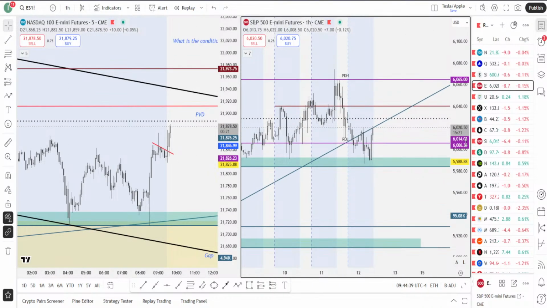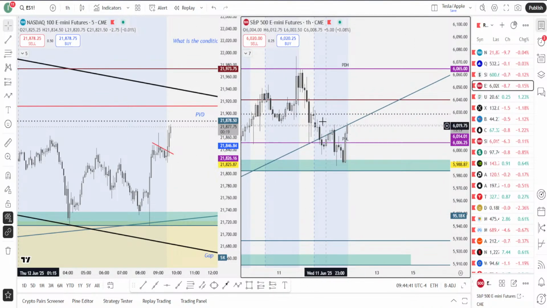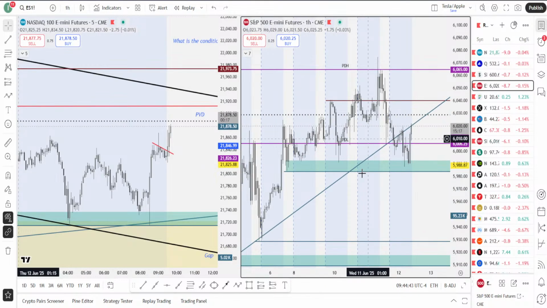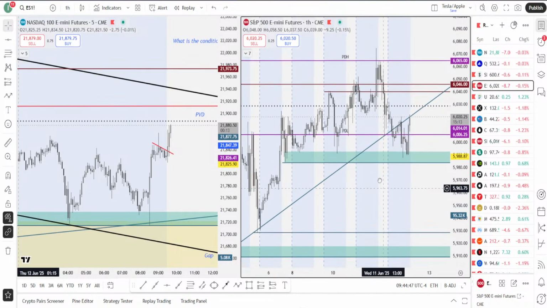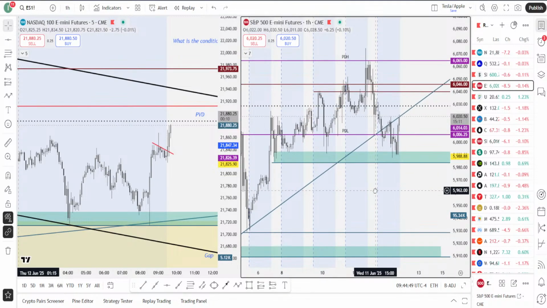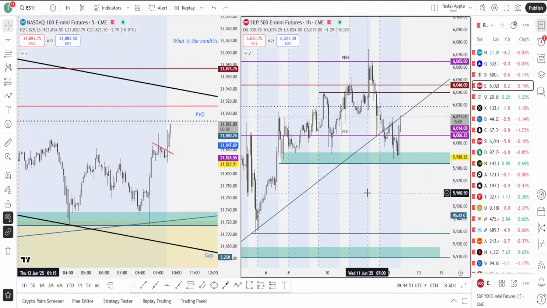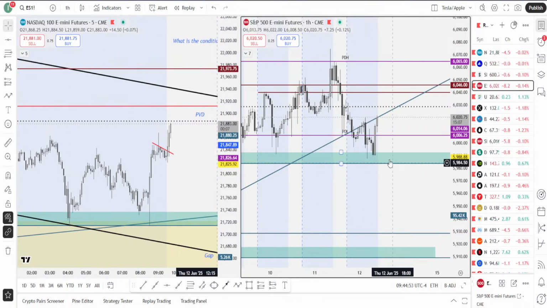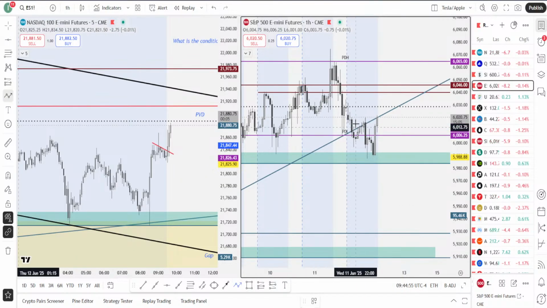We got previous day high, previous day low. What else do we need on here? We need to have this resistance here. Possibly we could be pushing up to any of these previous highs as targets.